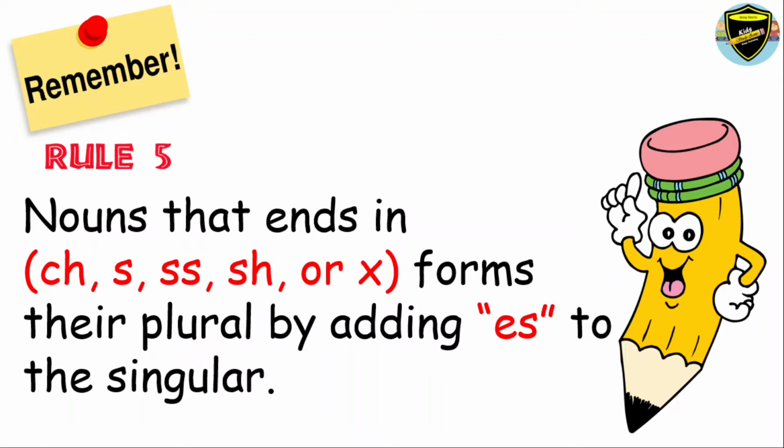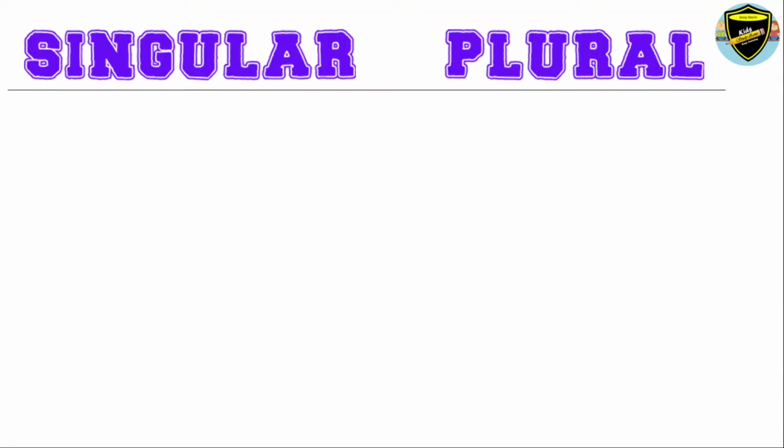Now, let's see some examples. Fox. The word ends with x, so we will add es to it to form the plural. Therefore, fox plus es will become foxes.